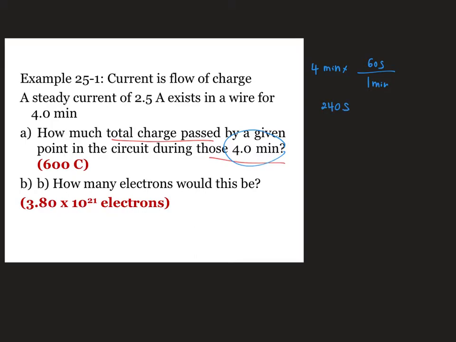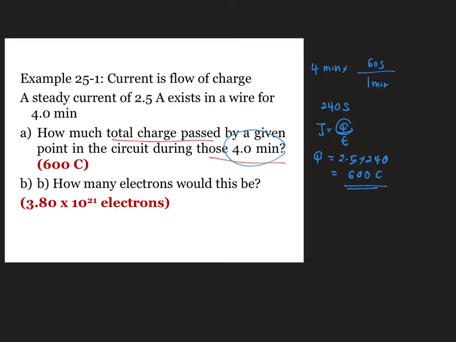Because the question asks you to find the total charge, you can use the formula I equals Q over T. So Q equals IT, where I is 2.5 times 240, and you get the answer 600 coulomb.